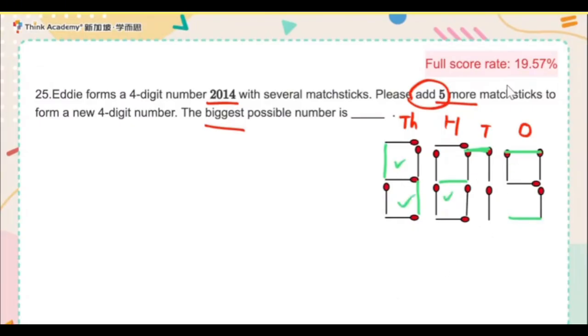We will need 6 matchsticks. So cannot, right? So actually, what we're going to do is think about whether there is another way. Yeah, that is, we can form a 4 here. Put another 2 matchsticks here. Then it will become 8,844. Okay, so this is the biggest possible answer.